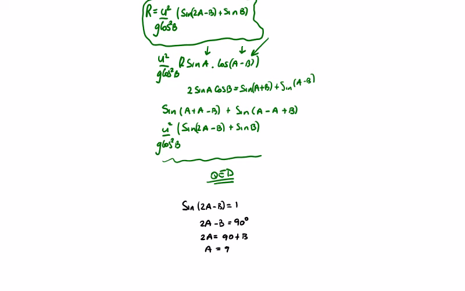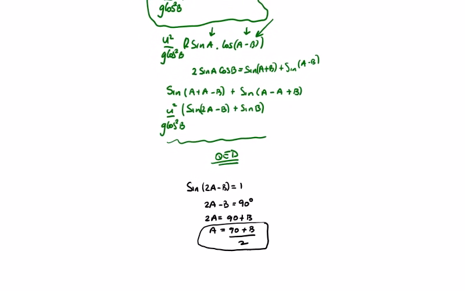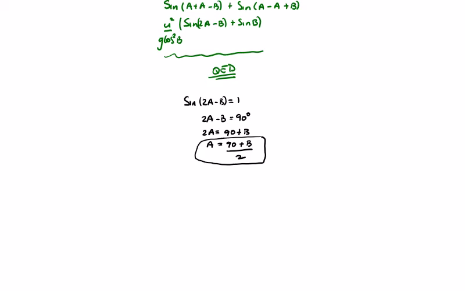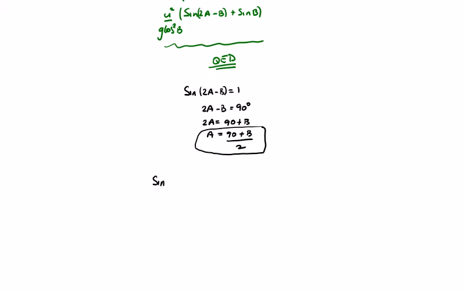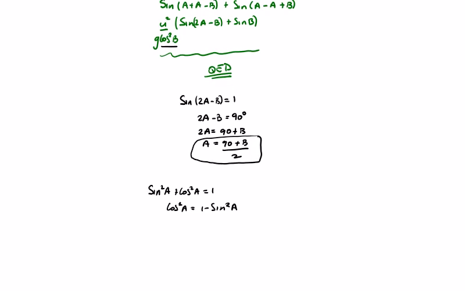So a will be equal to 90 plus b over 2. So that is true.